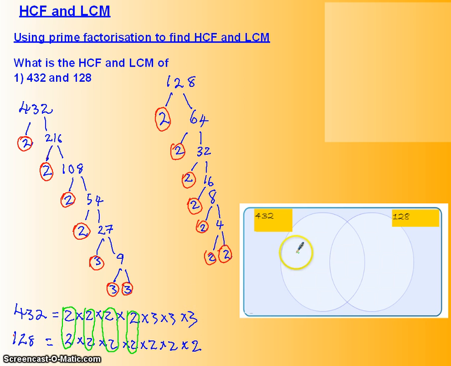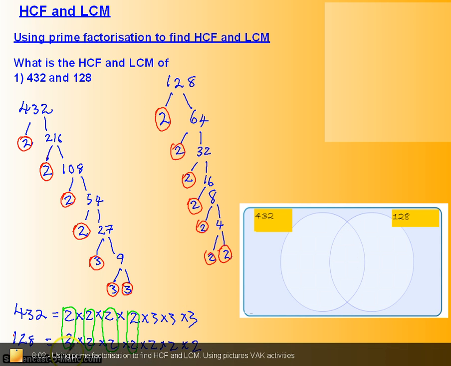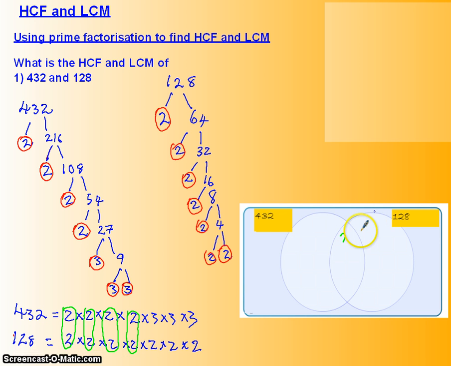So in my Venn diagram here, I'm going to use this to explain the highest common factor. The factors that are common to both are 2. Let's write it in. So that's 2 that is common to both, another 2, another 2, and another 2. So the highest common factor is the product of the numbers here that are common to both.